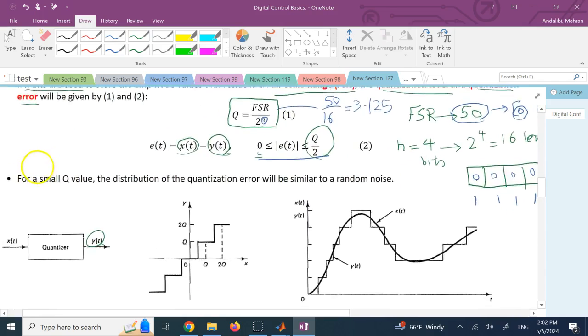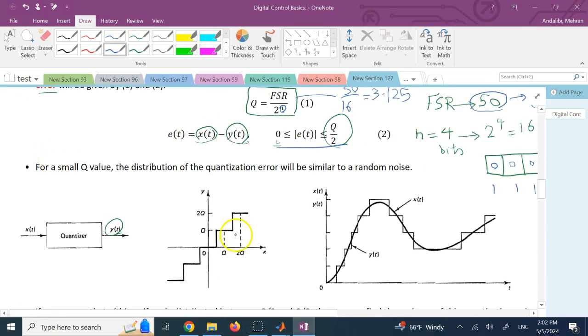One other mathematical thing that I want to explain is if q is significantly small, then the distribution of this quantization error would be kind of something like a random noise. Okay? So if you plot this E of t, it is not going to be a perfect Gaussian distribution or uniform. It's mostly kind of like a random noise.